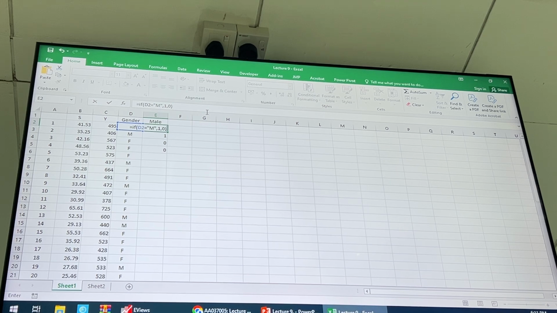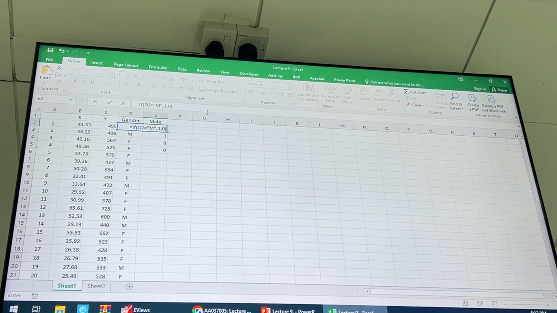Instead of assigning 1 by 1, which is time consuming, if you have a sample size of 1000 observations, you are going to spend a lot of time assigning either 1 or 0. If you have data in Excel like this, you can use a function. If the value in that column equals M, you assign 1, if not you assign 0.